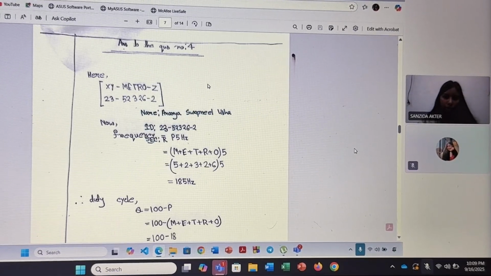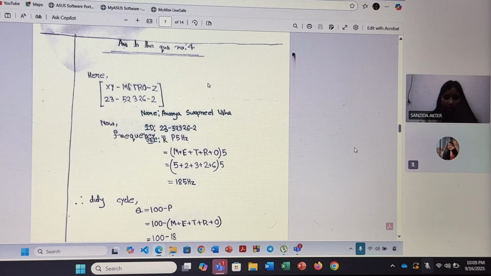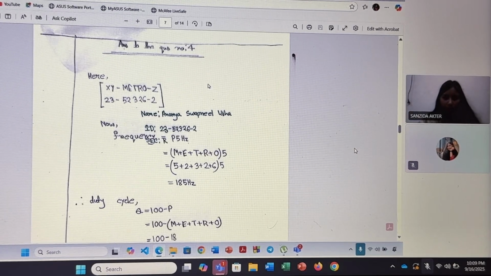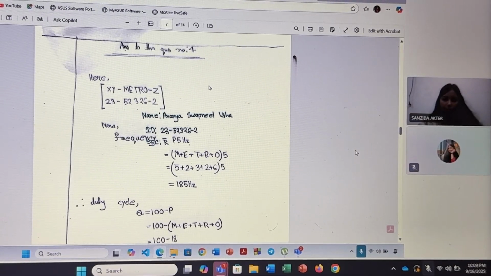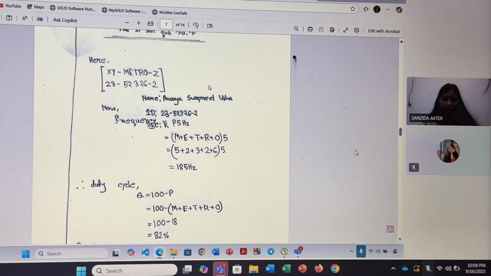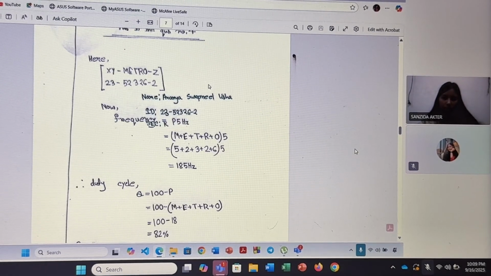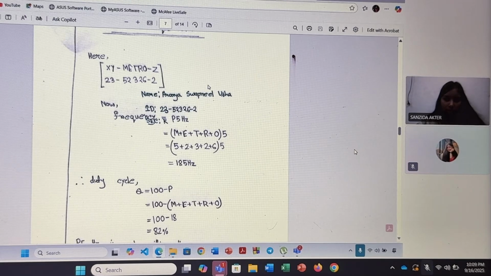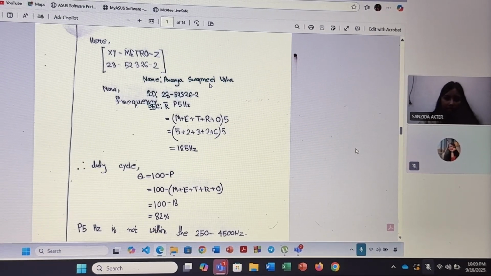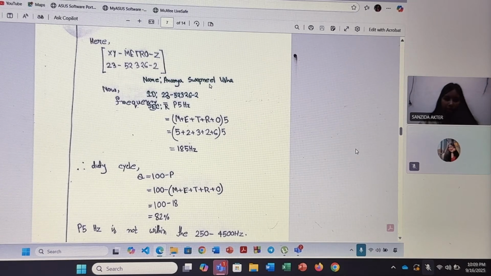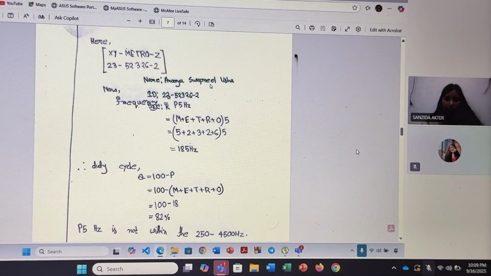The fourth question required designing a 555 timer alarm circuit with a specified frequency. So the summation of METRO is 18 and the frequency is 185 Hz.